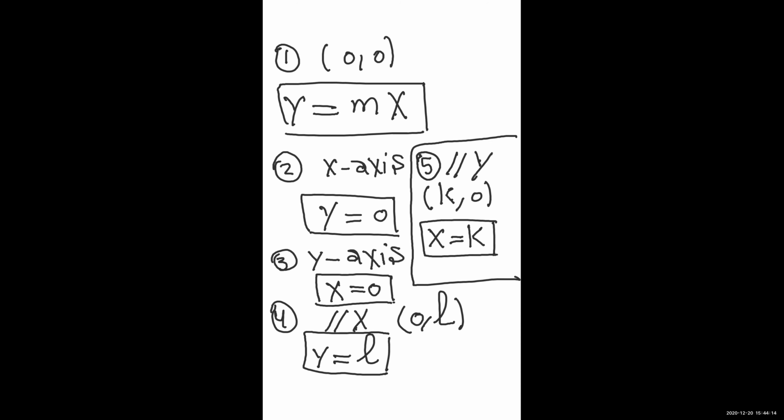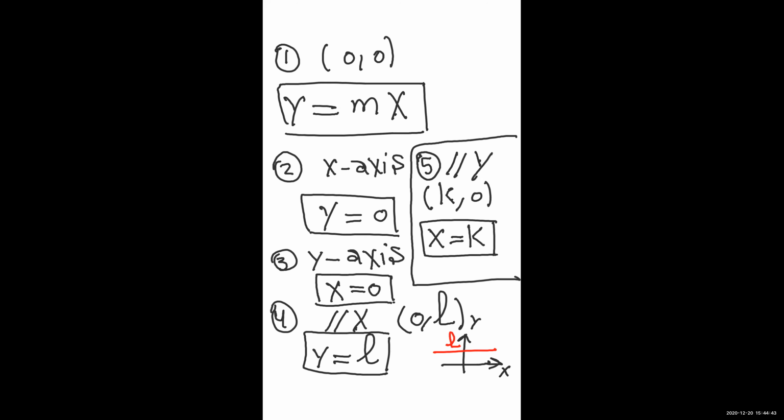Parallel to x, guys, like this. If this one is the xy plane, and it's parallel to x, like this one. Okay, so here y will equal L, and it passes through this point L. It's like the constant function, if you still remember it, right?